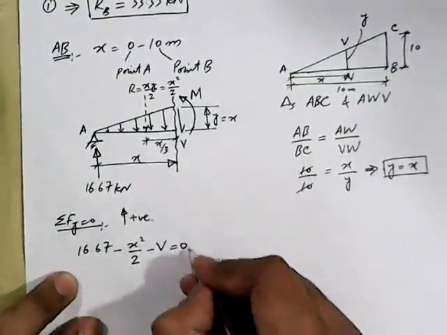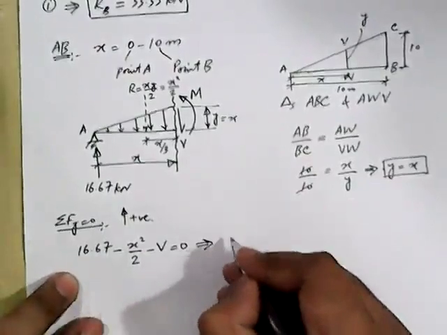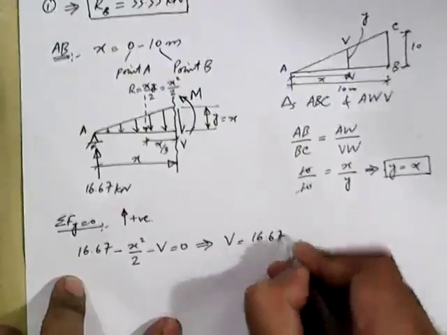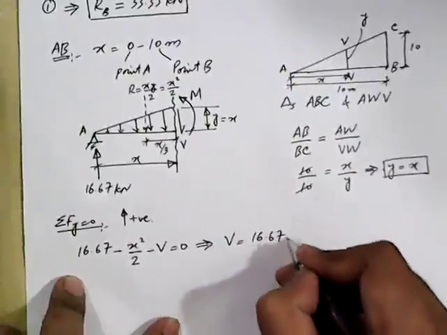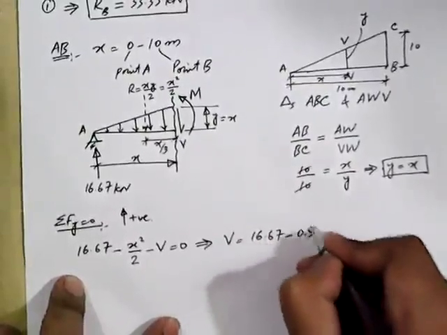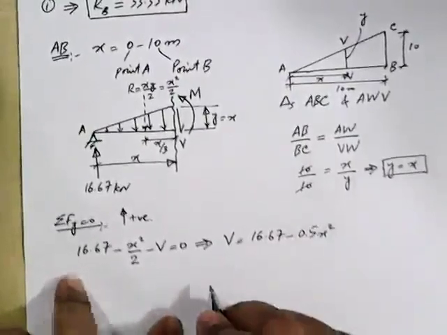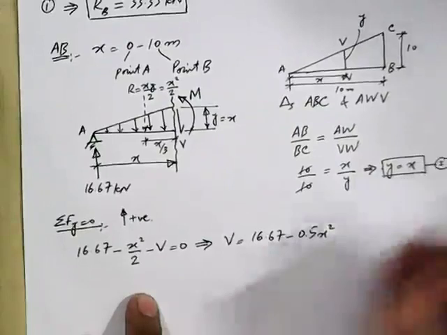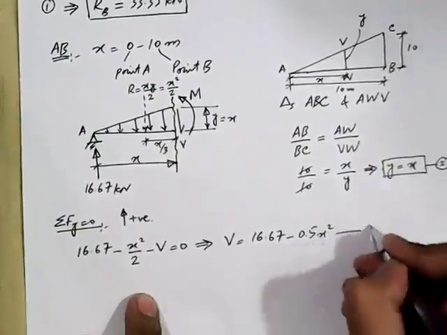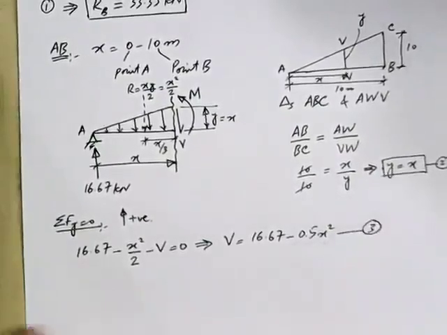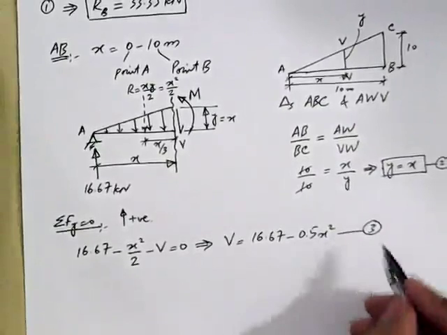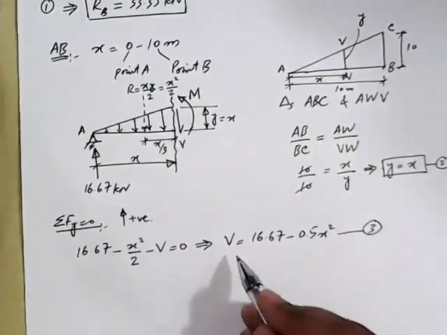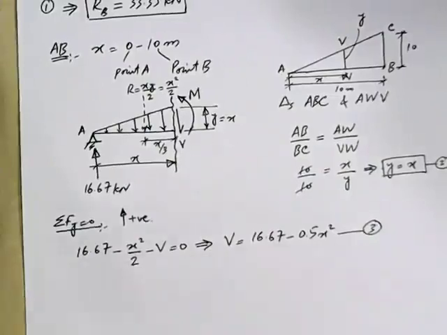If I rearrange this equation, this implies V is equal to 16.67 minus 0.5 x square. Let me call this equation number 3. This is the expression for shear force for the entire beam.